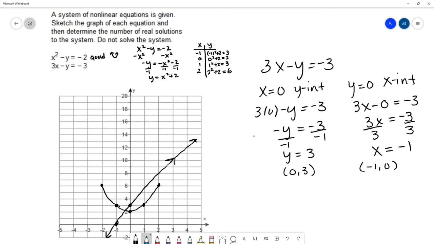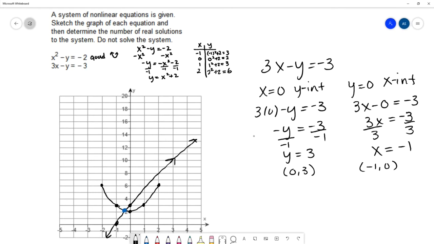So you can see that we're going to have an intersection point right here. And it doesn't look like that intersection point is falling on a nice ordered pair. But you can see that the x-coordinate is in between -1 and 0, and the y-coordinate is in between 2 and 3. So we do have an approximation for that ordered pair.